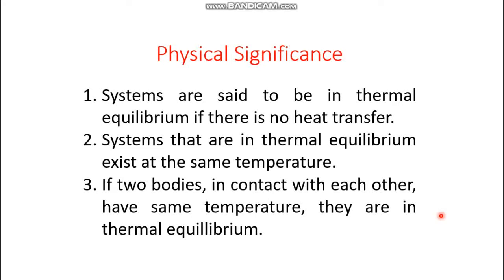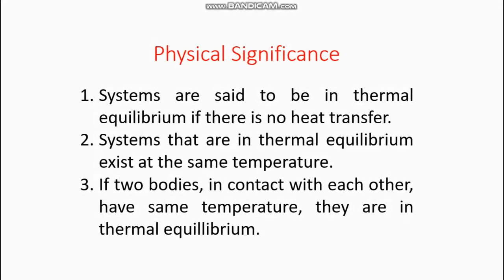What is the reverse statement? The statement is: systems that are in thermal equilibrium are at the same temperature. The reverse statement is: if they have the same temperature, they are also in thermal equilibrium. That is said in this third point. So if two bodies in contact with each other have the same temperature, then they are in thermal equilibrium.